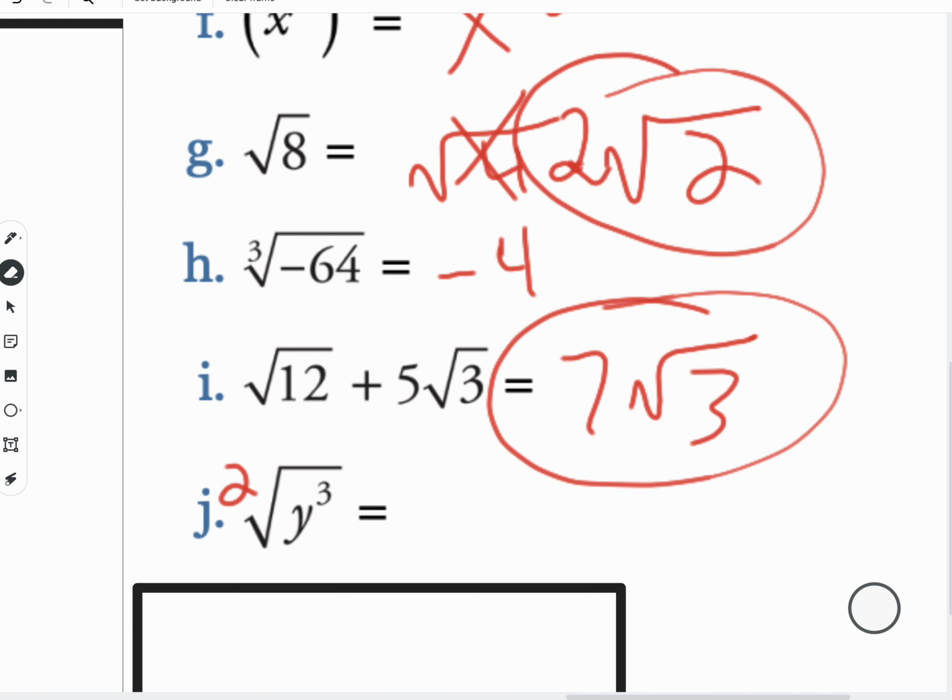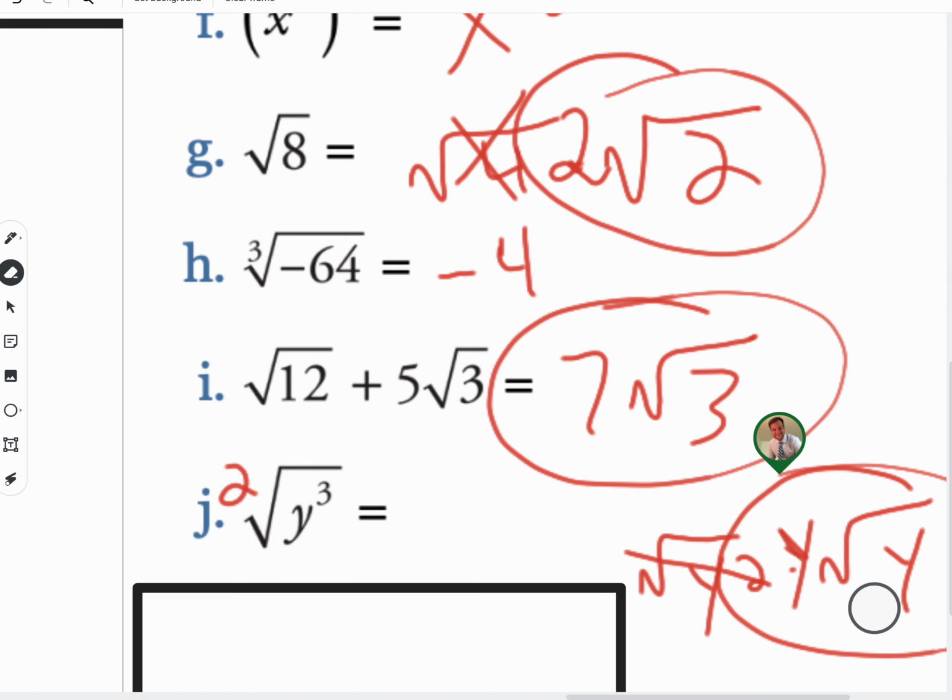So the square root, we can pull out a y, 2 y's here, because this will be the same as the square root of y squared times the square root of y. If we expand that out, notice this will simplify to just simply y. The square root of y squared is y, which leaves us with y square roots of y for our answer. J is y square roots of y.